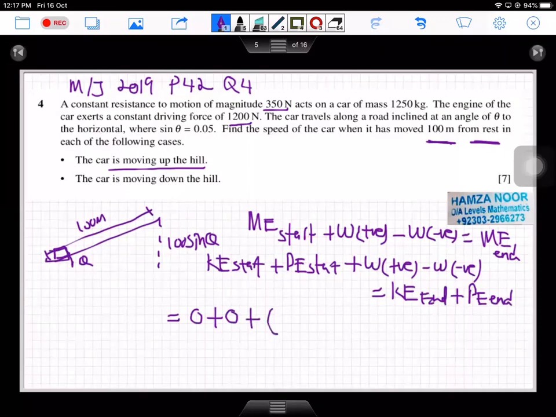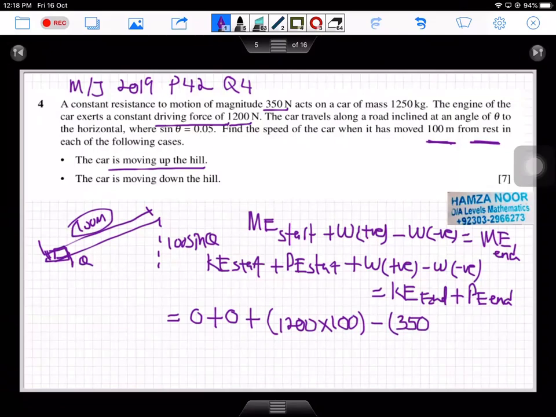What we know is that the driving force is having a magnitude of 1200 newtons, and when the car is going up the hill, it will be covering a distance of 100 meters. So 1200 multiplied by 100 will be the work done positive, minus the resistance force is 350 newton, and work done by the force which is hindering the move. This is called work done against the resistance.